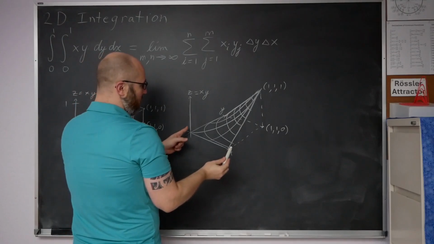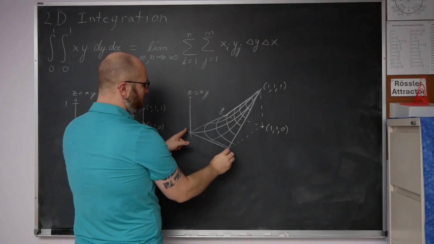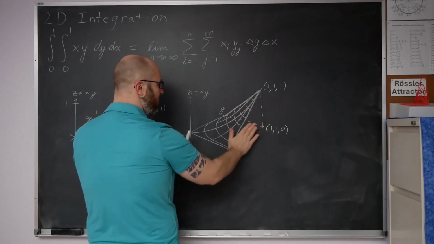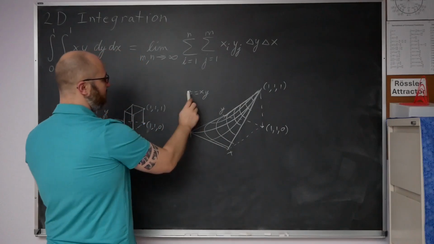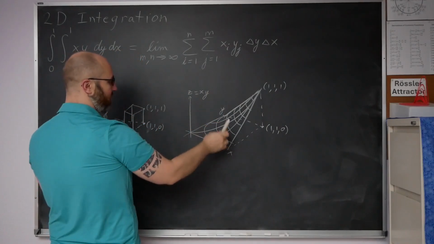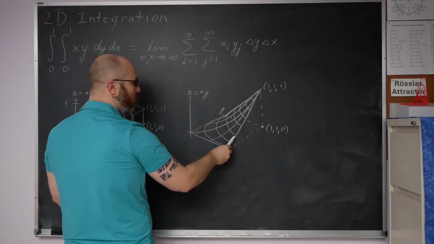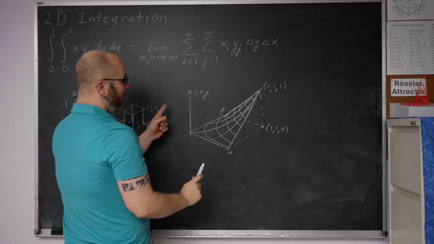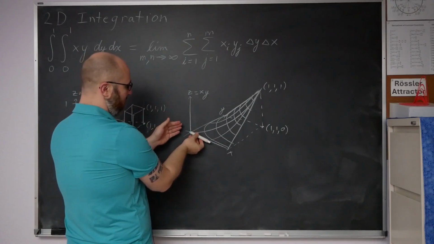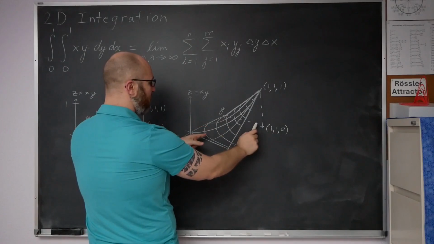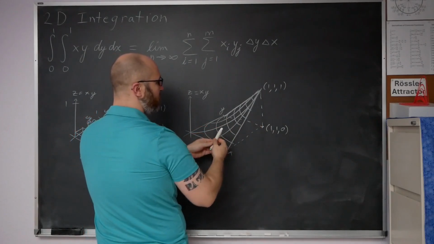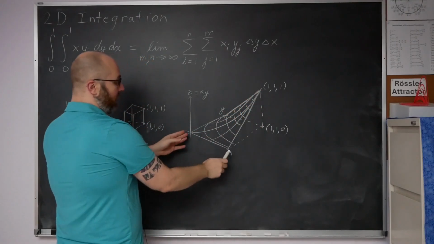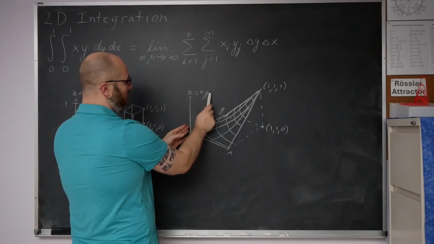If x is equal to 1, so this plane here on this side, then you end up with z equals 1 times y. So you actually have z equals y in the yz plane right here. And if y is equal to 1, so this back plane, this triangle, then you end up with x times 1 equals z.